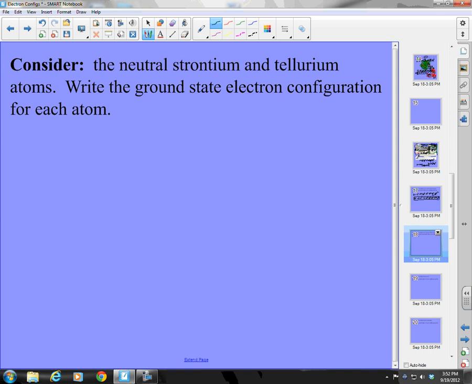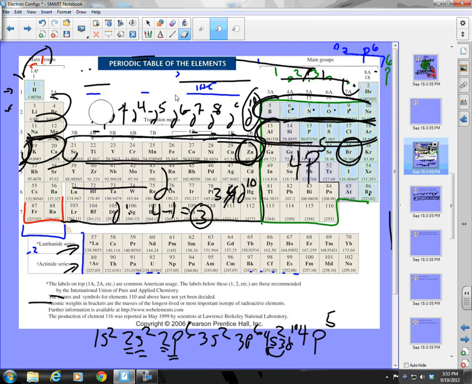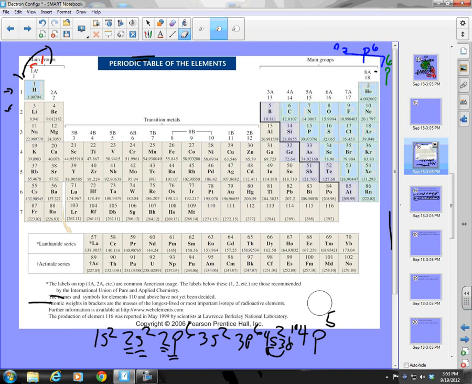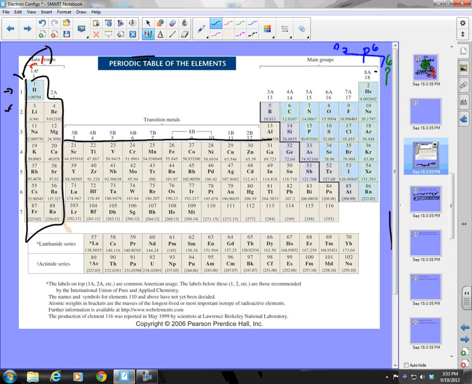Okay, strontium. Let's clean this whole mess up. Are you ready? Let's work on strontium. Let's clean this up down at the bottom too. We'll clean everything up. Let's put our blocks in quickly. There's my S block. Here's my D block. Here's my P block. And here's my F block, right?